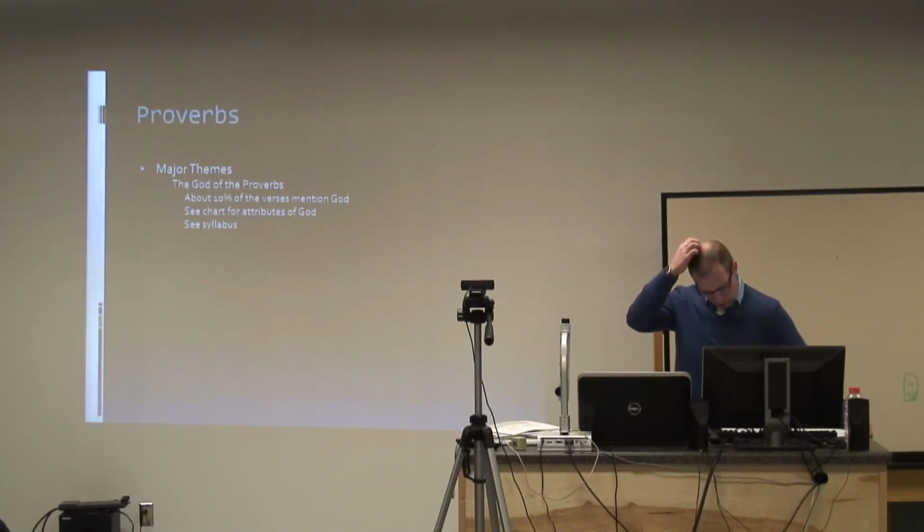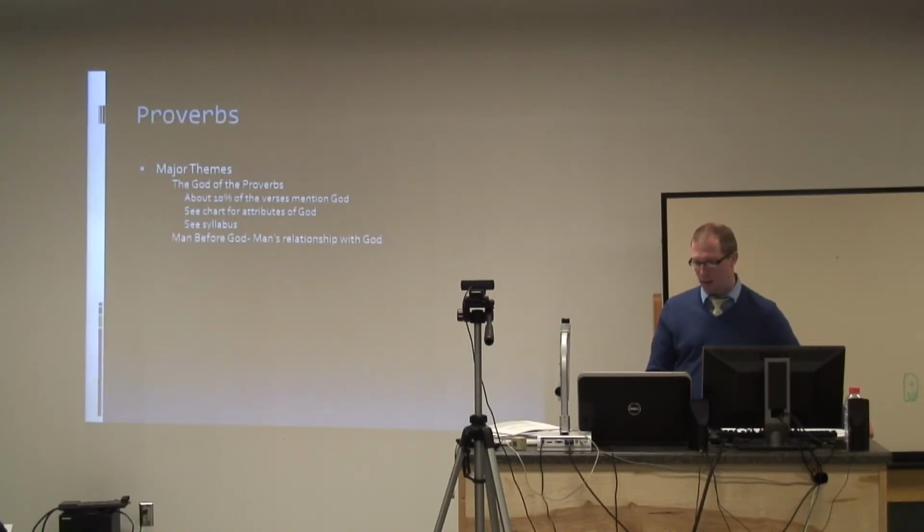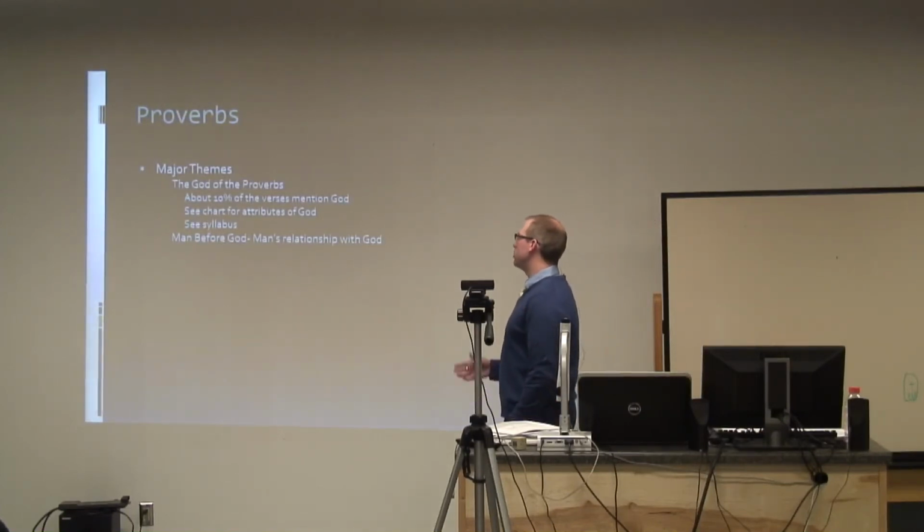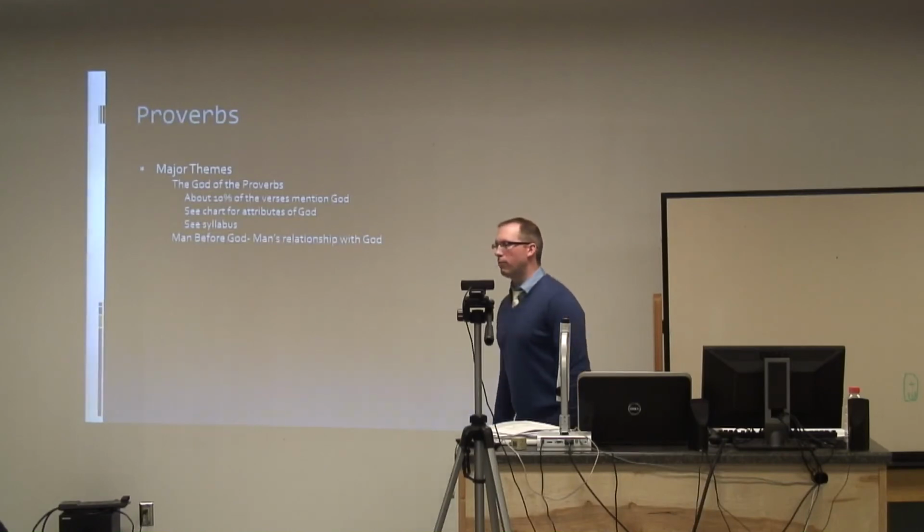You can see here as well, God is sovereign. He is man's maker. He is man's blesser, and he is man's judge. Really brought to the fore in the book of Proverbs, as it outlines the character of God. We also see that the wisdom of Proverbs deals a great deal with man before God.